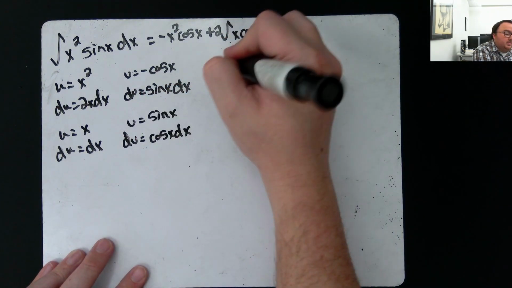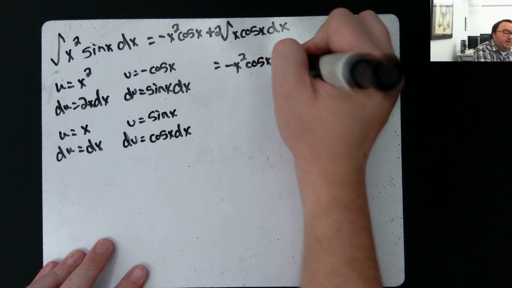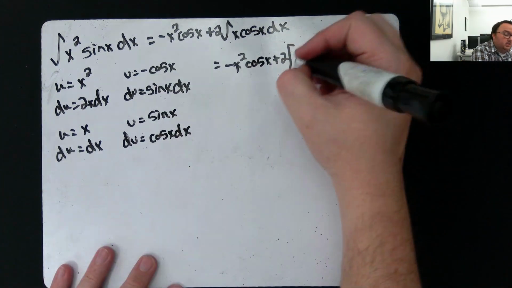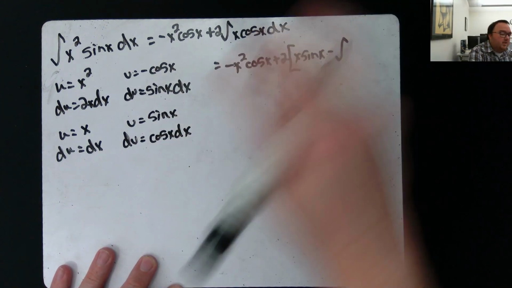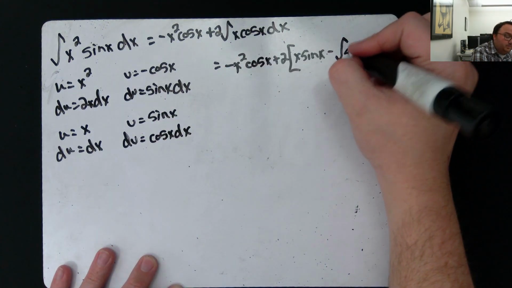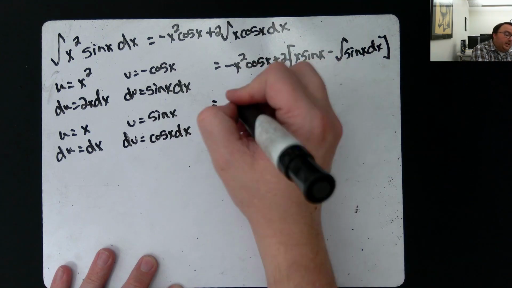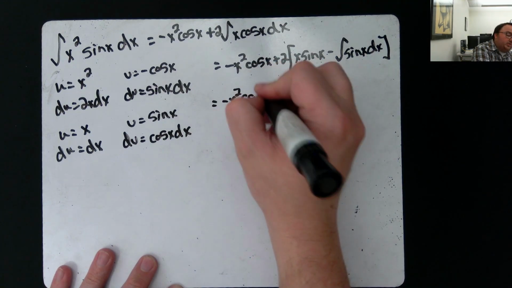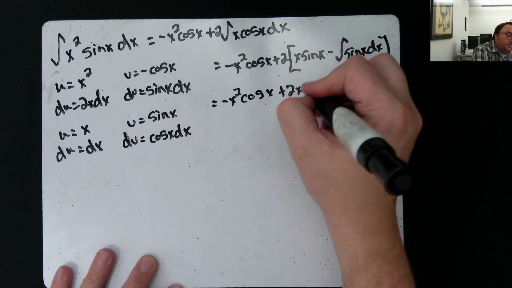So this becomes negative x squared cosine of x plus 2 times uv, so x sine of x, minus the integral v du. Simplify this: negative x squared cosine of x plus 2x sine of x.